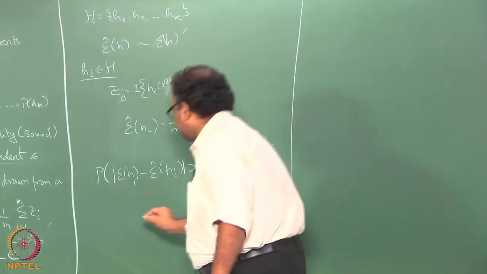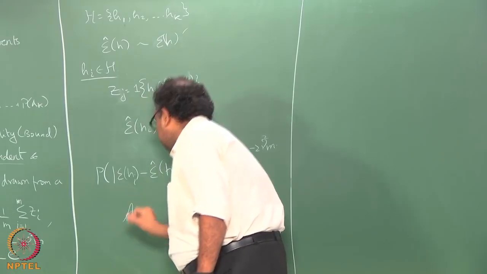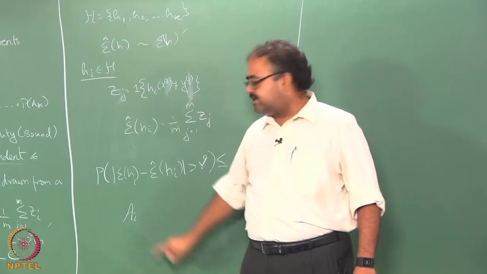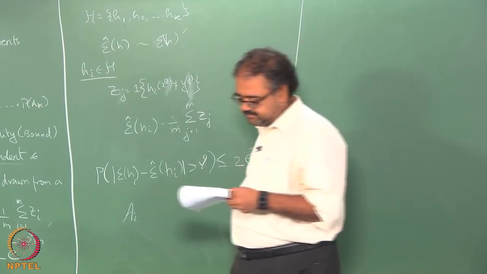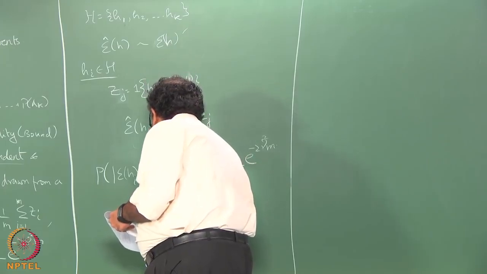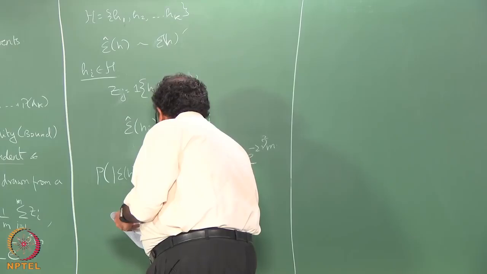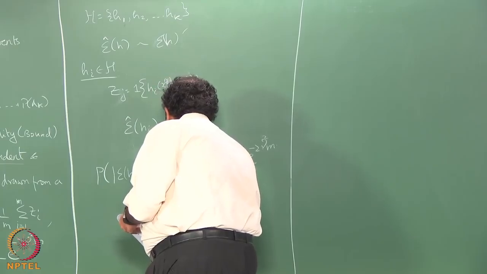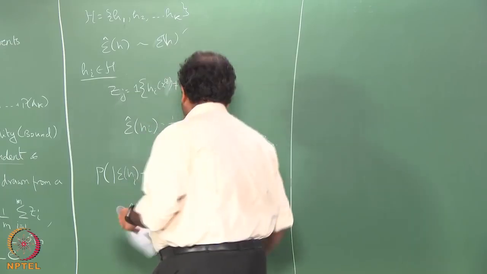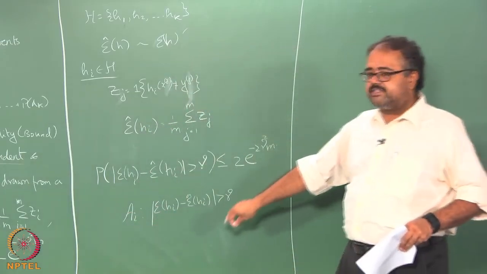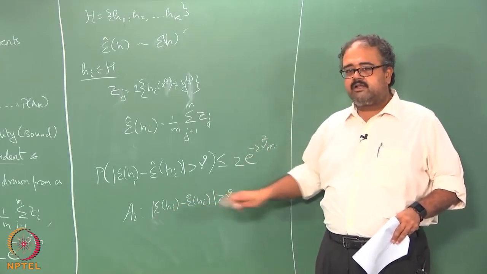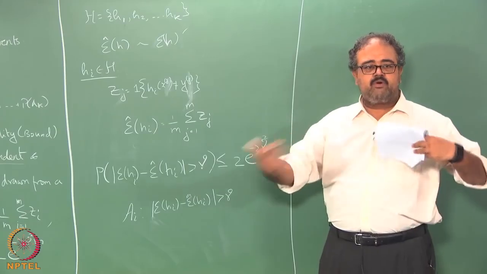So I will define the events A1 to AK. I will define this event Ai as epsilon and epsilon hat being more than gamma away.